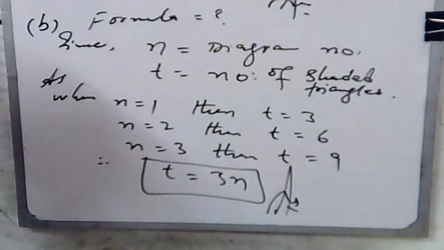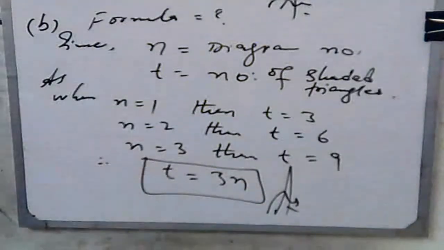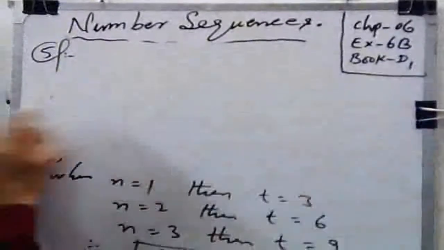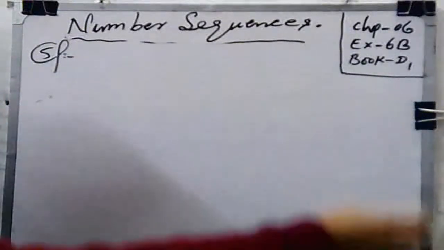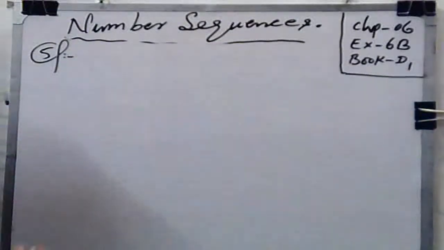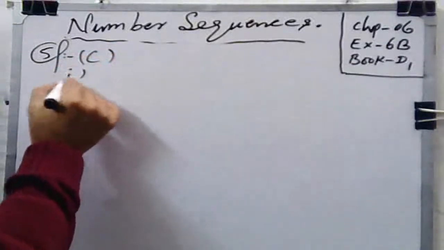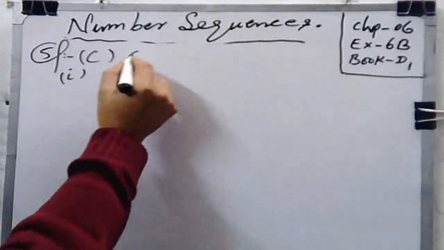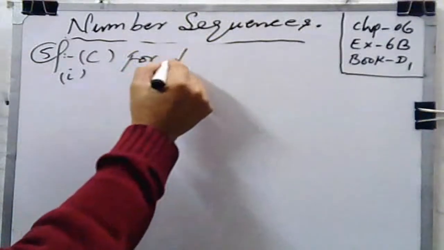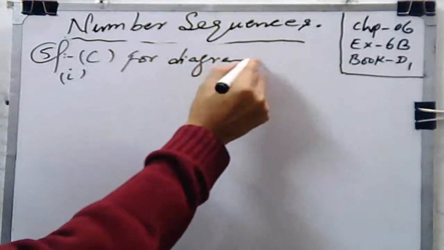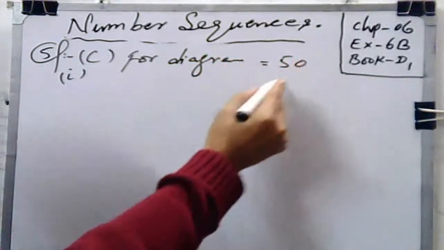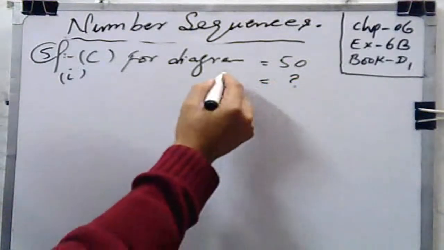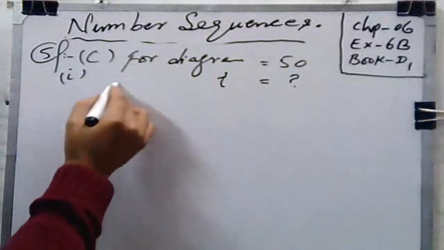Similarly, in the C part of the same question, part number 1, for diagram 50. We have been given a diagram of 50, so how can we find the shaded triangles, that is T?